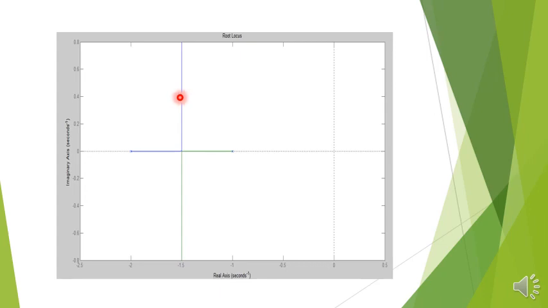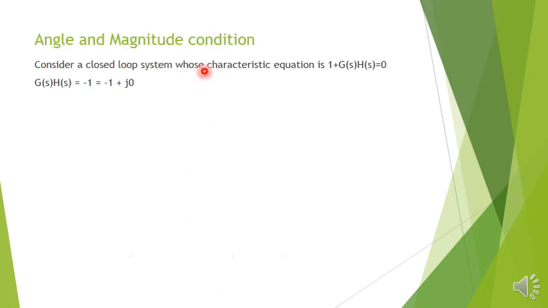This is a point on the root locus for what value of k? We don't know. So to find this value of k, as well as whether this point is part of the root locus or not, what is the criterion? We will study those things first. Those conditions are the angle condition and the magnitude condition.